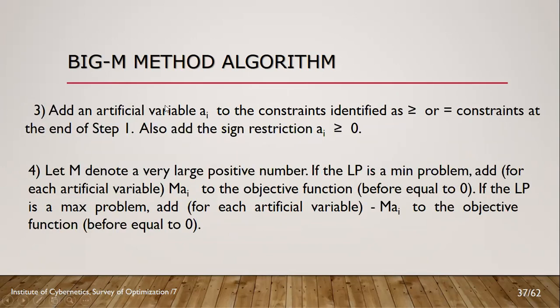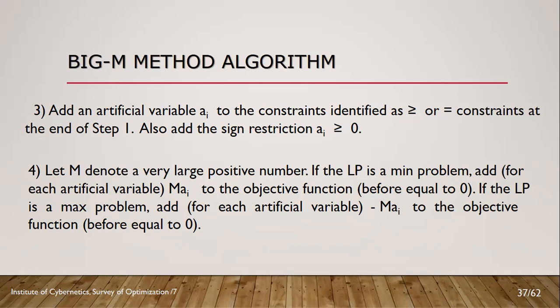At step 3, we add an artificial variable denoted as a sub i to the constraints identified as greater than or equal at the end of step 1. Also we add a sign restriction for non-negativity of the newly introduced artificial variable.